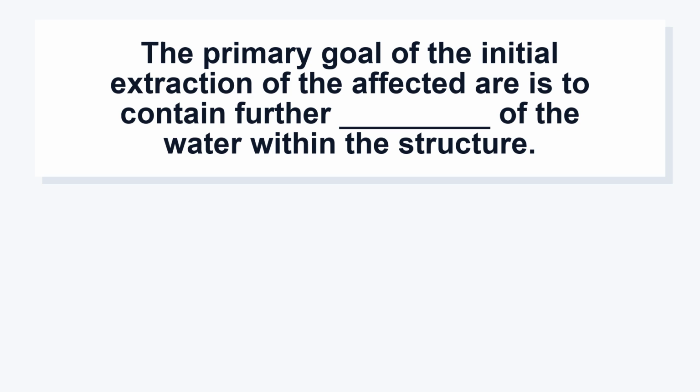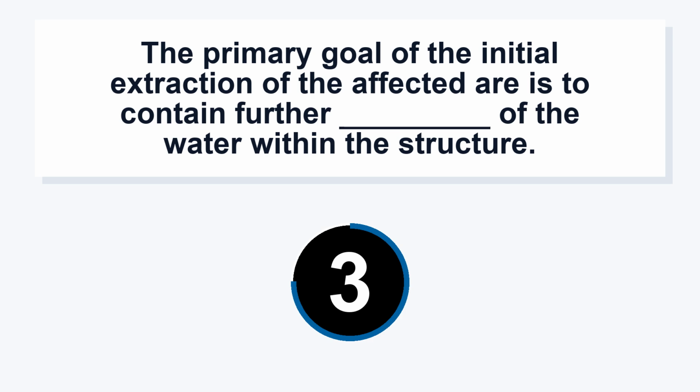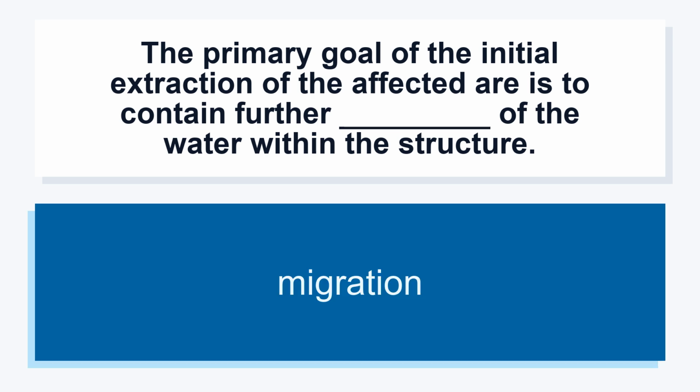The primary goal of the initial extraction of the affected area is to contain further migration of the water within the structure. Migration.